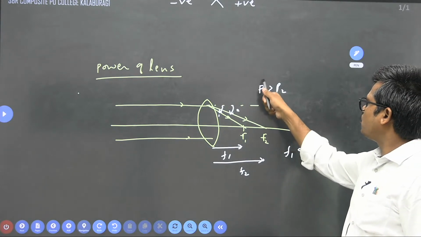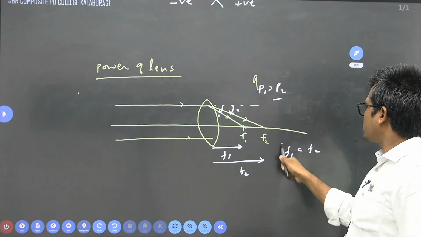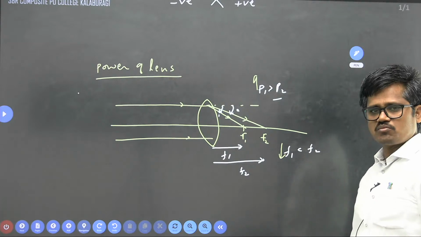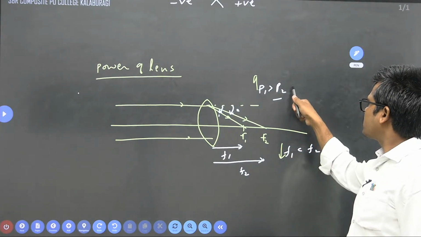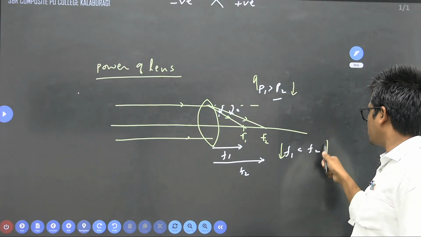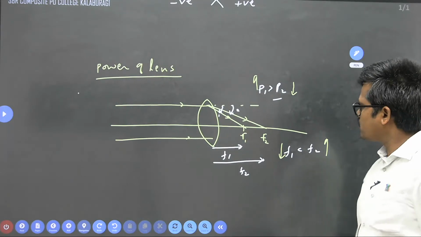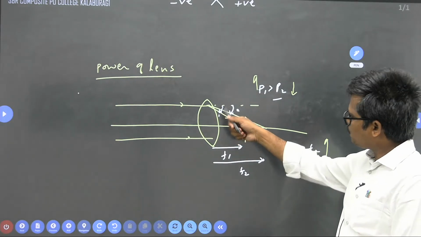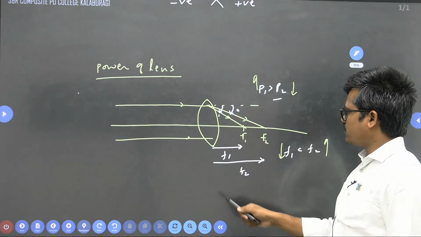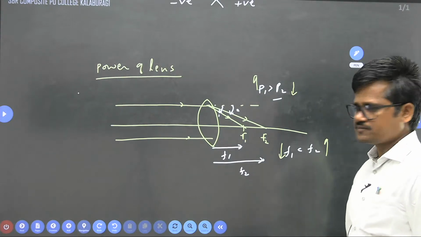Power of 1 is more, but focal length of 1 is less. Got my point? Power of the second is less, but focal length of the second is more. Can you predict? The more the converging effect, the more the power, the more the light ray will bend, but the focal length will decrease.